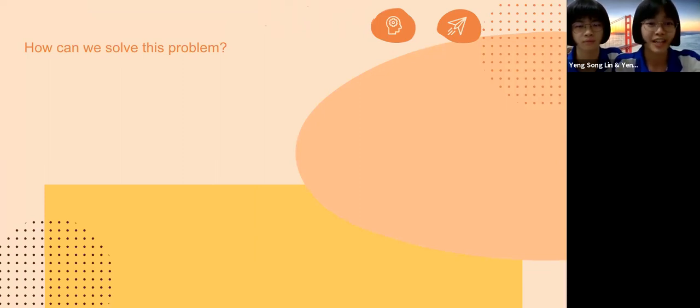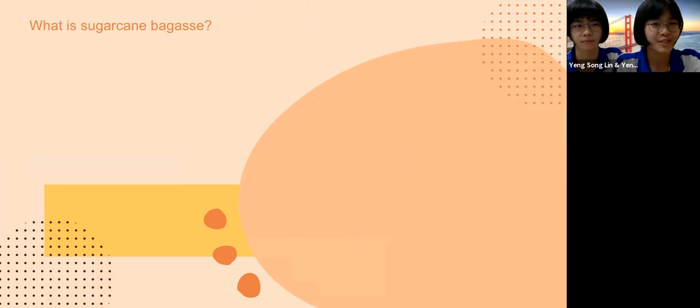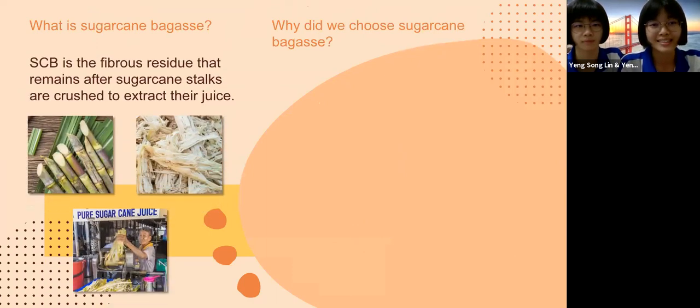Well, in our project, we propose to use sugarcane bagasse to treat soil in order to improve the soil moisture retention of the soil. Now, you may ask, what is sugarcane bagasse and why did we choose sugarcane bagasse? Well, sugarcane bagasse is actually this fibrous residue that remains after sugarcane stalks are crushed to extract their juice.